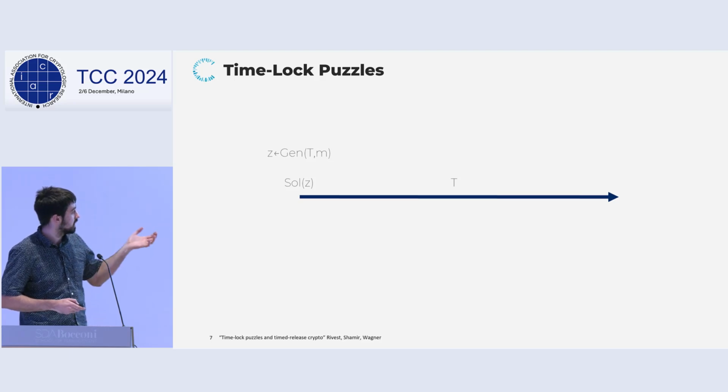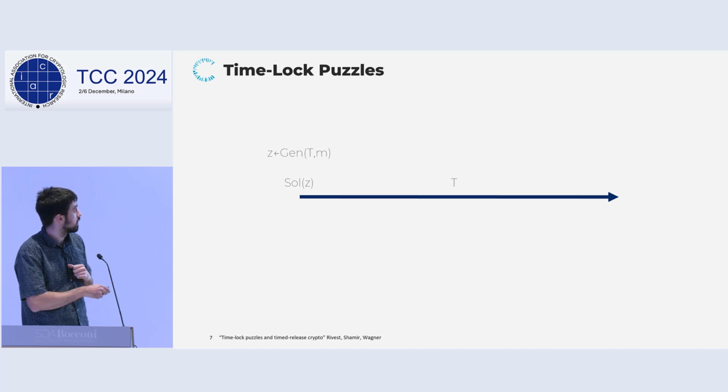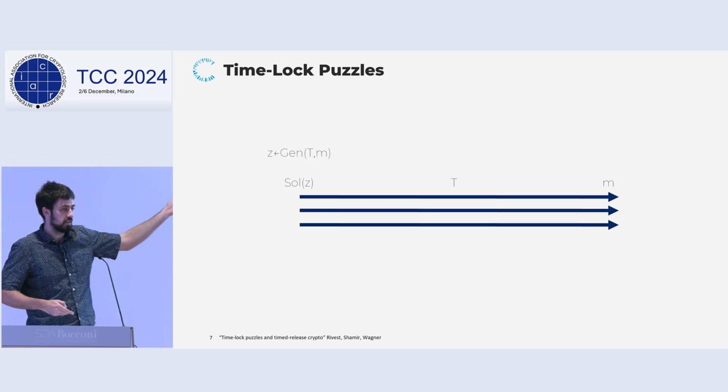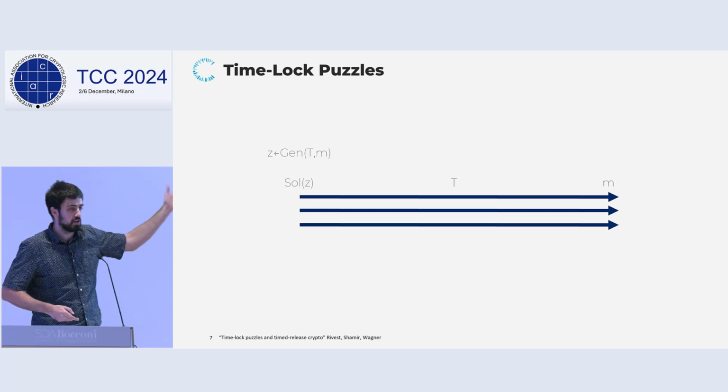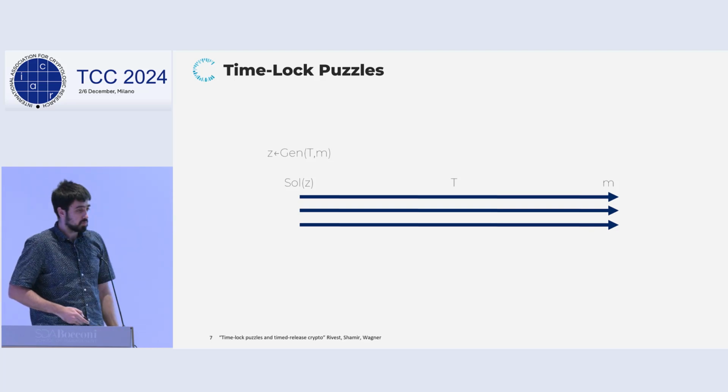And after the time, it's supposed to open to M, the message that we generated the puzzle with. And now, even if you have more parallel computation, you will not get this M faster. This is what time lock puzzles give you.